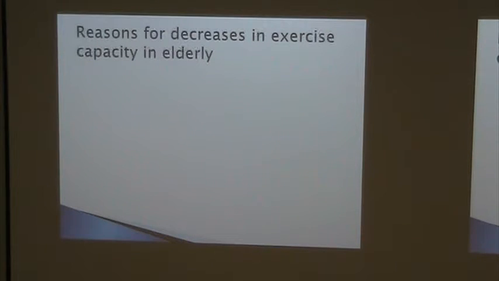Let's look first at why, in adults, and particularly older adults, exercise capacity decreases. One, we have a decline in aerobic fitness. The VO2 max starts to decline if you're not in training, as early as age 20. Mostly it's due to decreases in your max heart rate, remember, 220 minus your age, and in cardiac output.